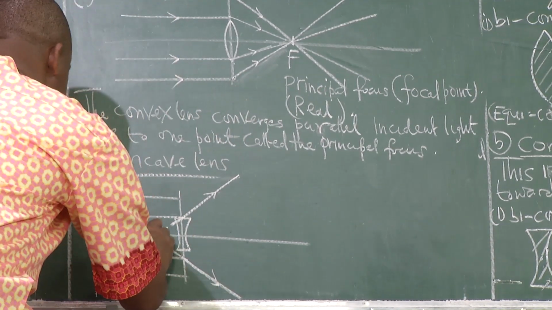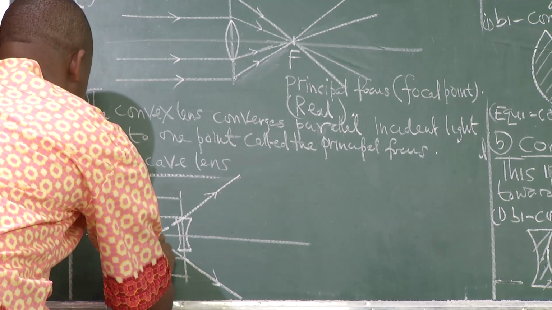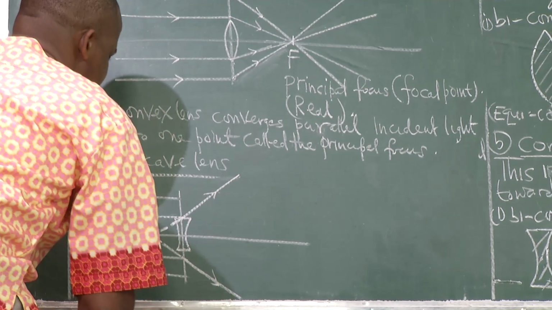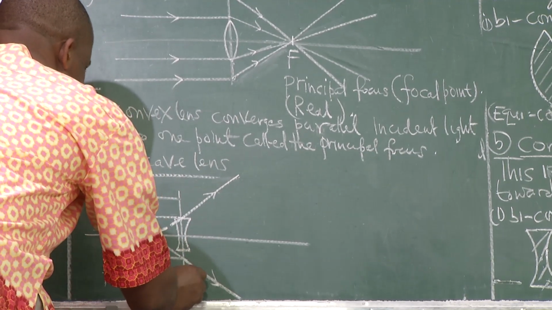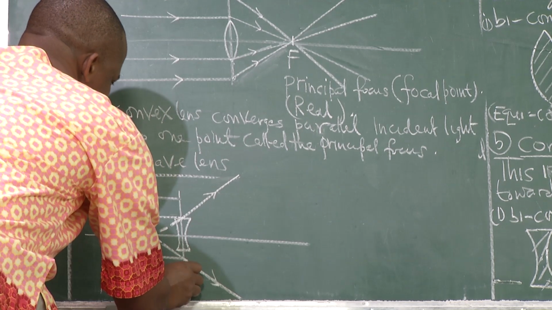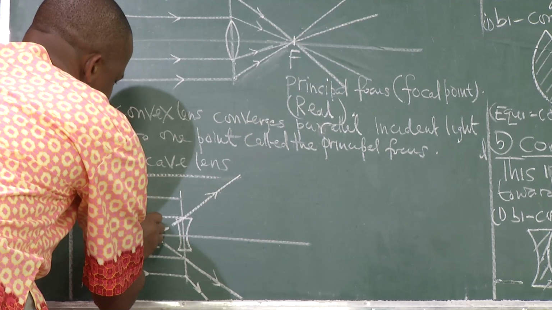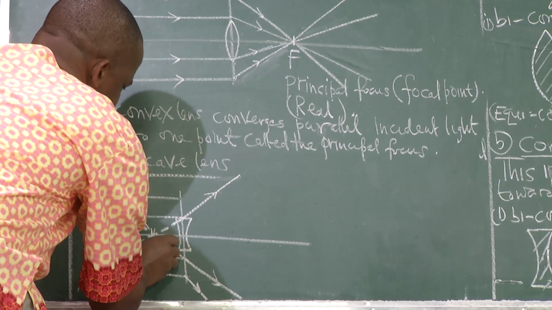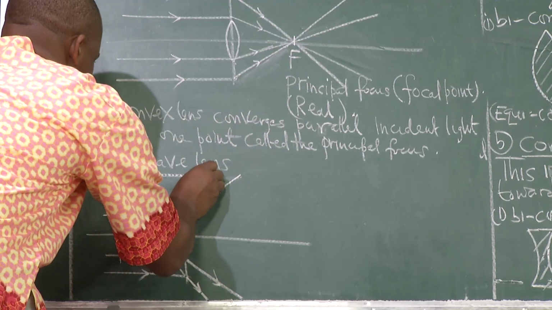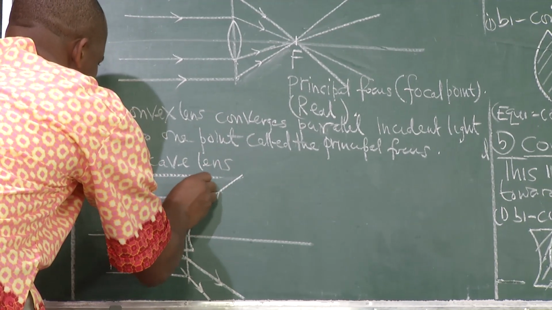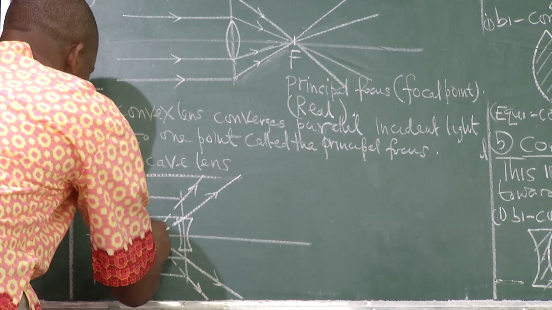This point where the light rays meet the principal axis is now the virtual principal focus. Even this should be refracted here to appear to come from there. Even this should be refracted here to appear to come from the same point.